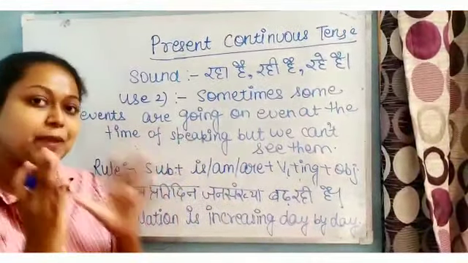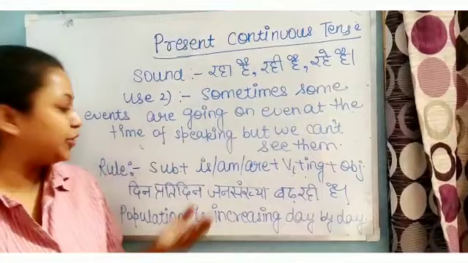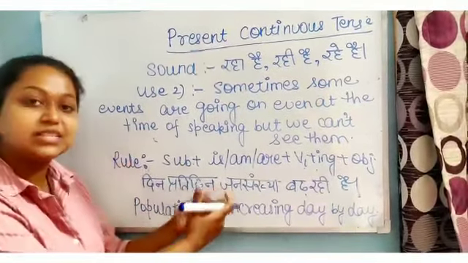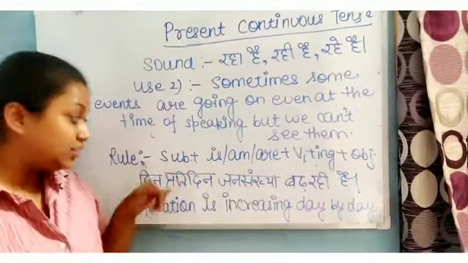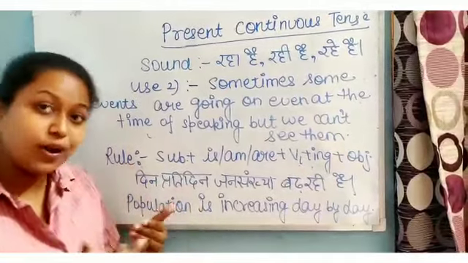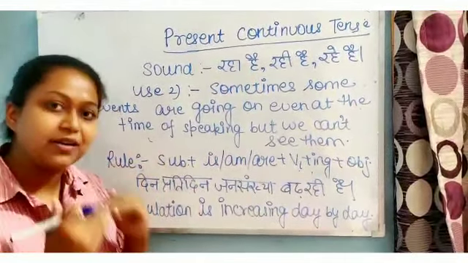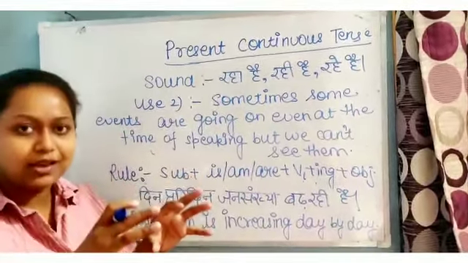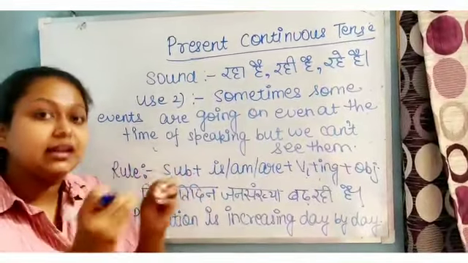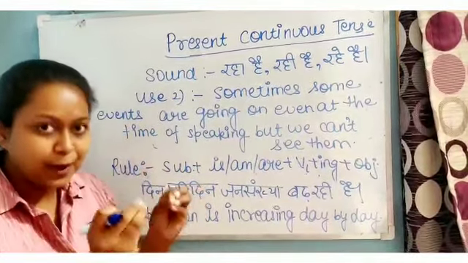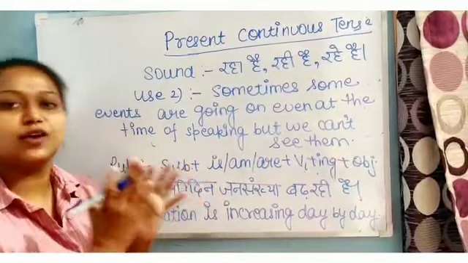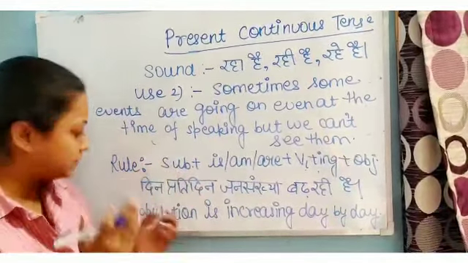These events are taking place, but we cannot see them. For example, दिन प्रतिदिन जनसंख्या बढ़ रही है, right? This action is going on actually. दिन प्रतिदिन जनसंख्या बढ़ रही है, but we cannot see them exactly, right? It is not happening exactly even in front of our eyes, right? So these type of sentences are also included in present continuous tense.